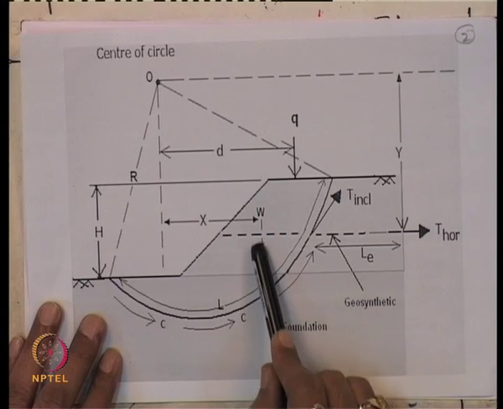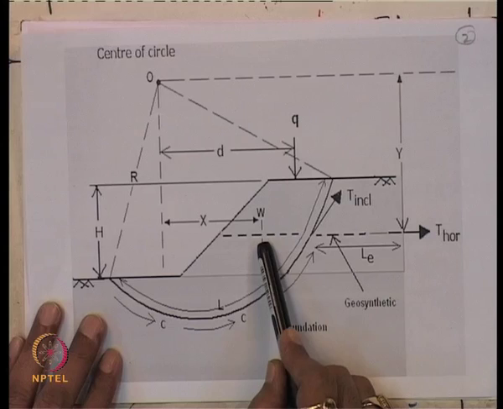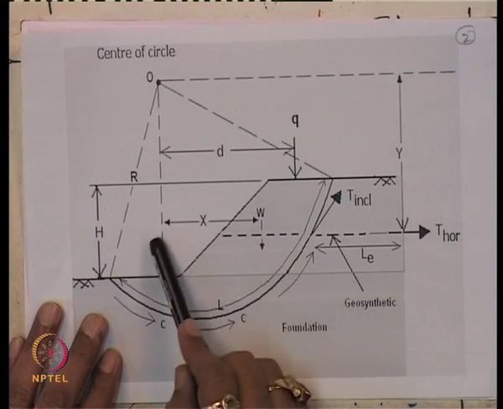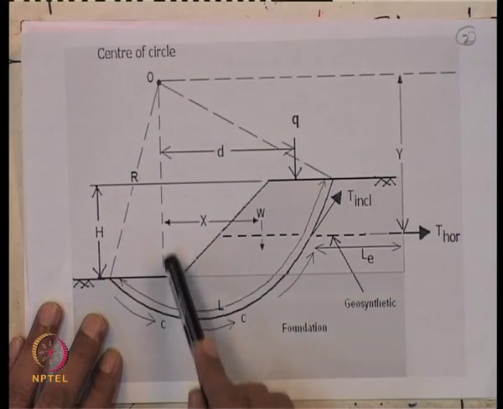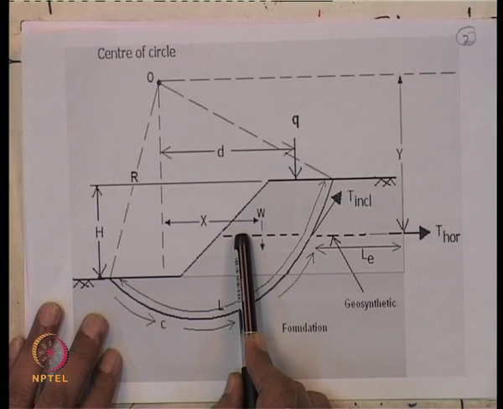So, this embankment has a weight, let us say this is the weight W, and it is located from the center of the circle at a distance of x.